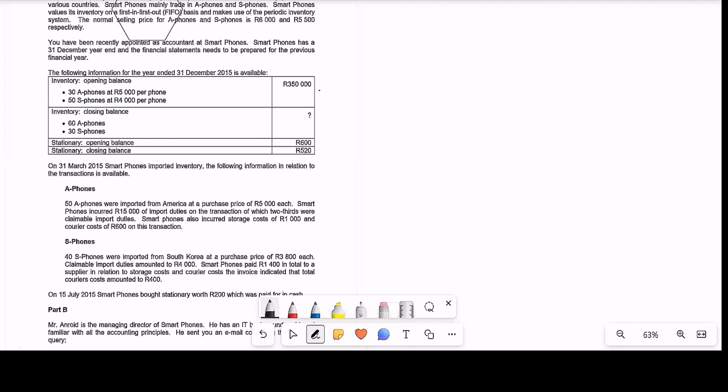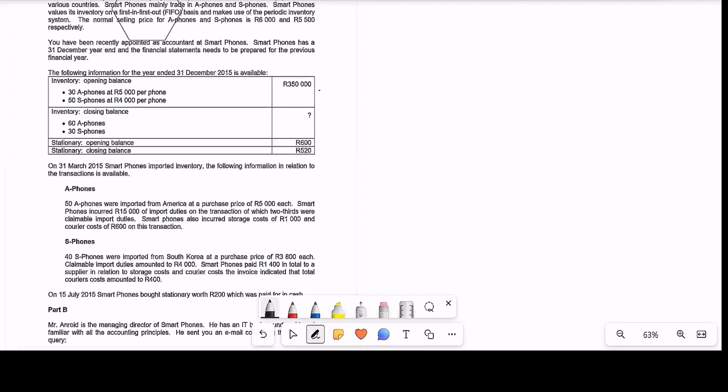It says the total opening balance is 350,000, but it says 30 A phones at 5,000 per phone were in the opening balance, and 50 S phones at 4,000 per phone were in the opening balance. Then it says inventory closing balance: 60 A phones and 30 S phones, but the total is not given to us. Then it says stationery opening balance is 600 and stationery closing balance is 520.